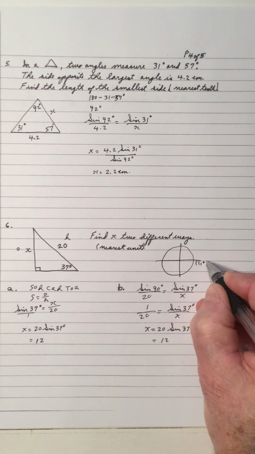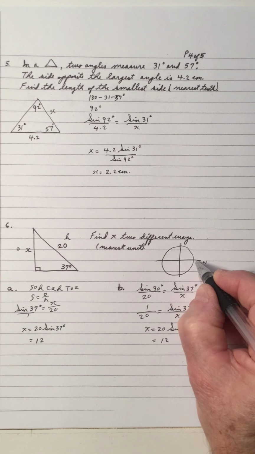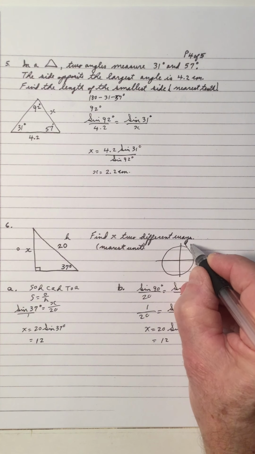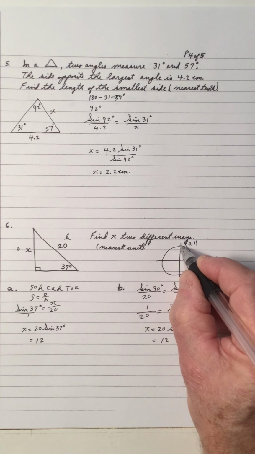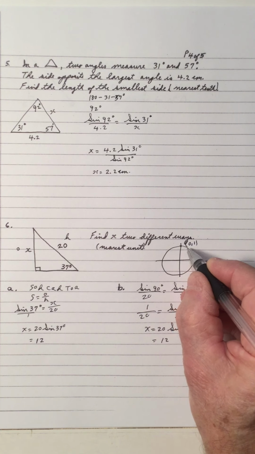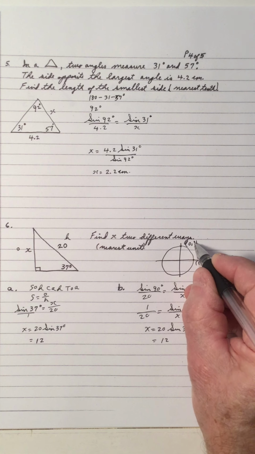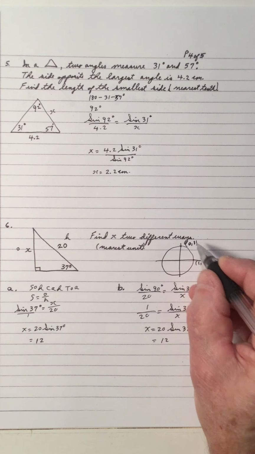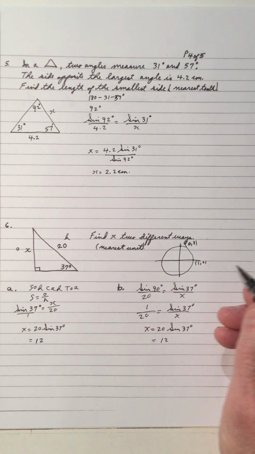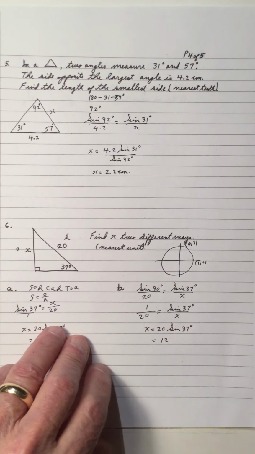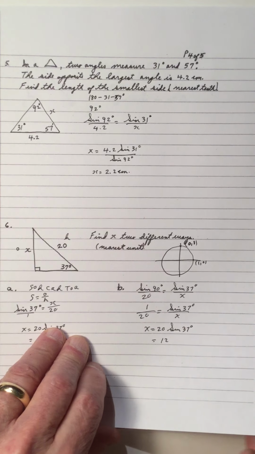This point is 1, 0, so the radius is 1. So this point here is 1, 0, this point here is 0, 1, and this is 0 degrees, and this is 90 degrees right here. So at 90, sine is the y, so the sine of 90 is 1. The cos of 90 is 0. So the sine of 90 is 1 on this circle, or I can use my calculator and I can work out the 12. Two different ways, your choice.